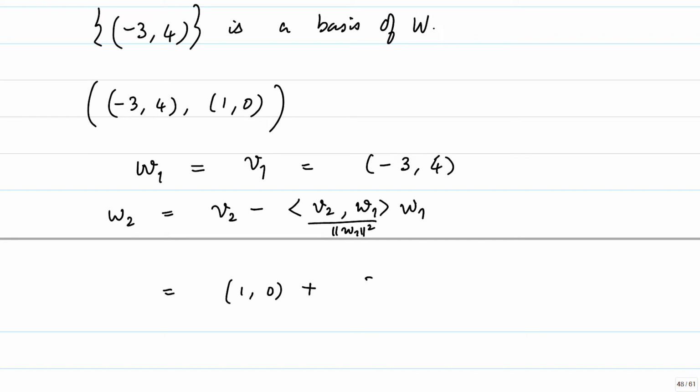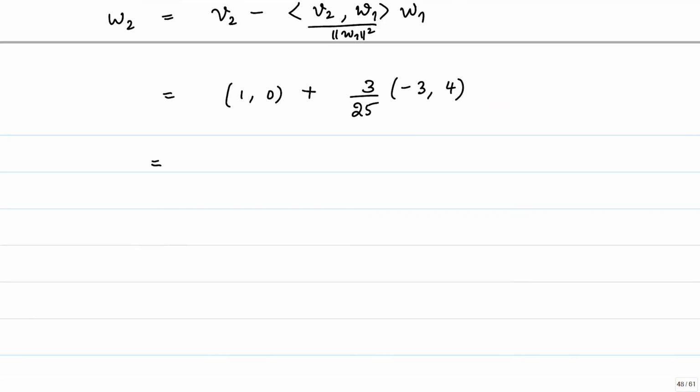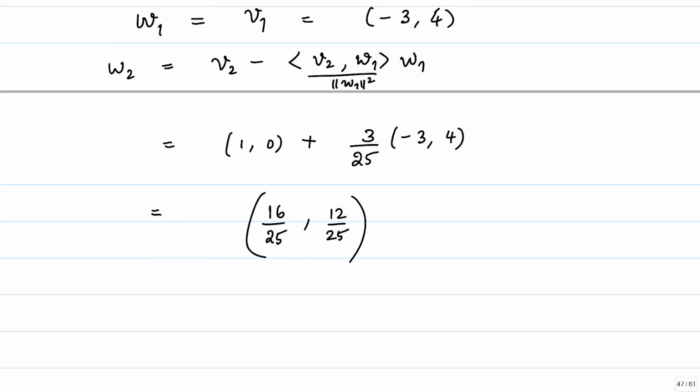So this is going to be plus 3 by 25 times (-3, 4), which is just going to be equal to minus 8 by 25. Oh, I'm sorry, that's wrong. It's going to be 25 minus 9, which is 16 by 25, and this is going to be 12 by 25. Alright, so let's now normalize this.